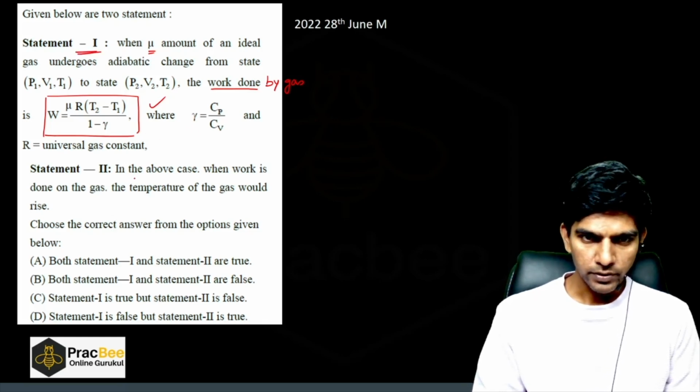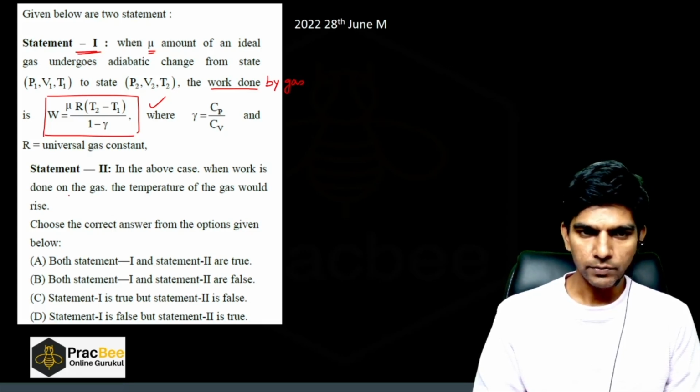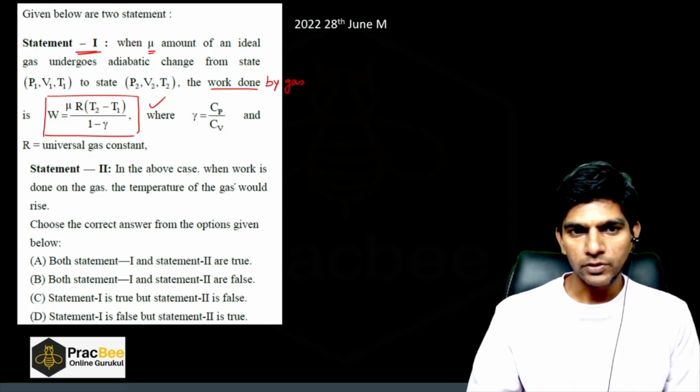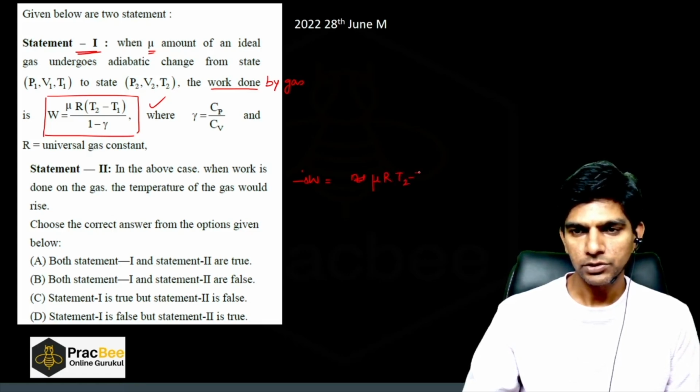Now statement 2: in the above case, when work is done on the gas, the temperature of the gas would rise. So work is done on the gas, so it states that minus W will be mu R (T2 minus T1) divided by (gamma minus 1).